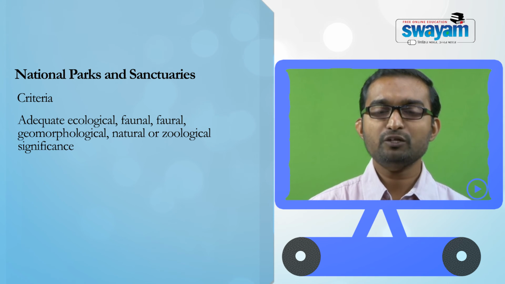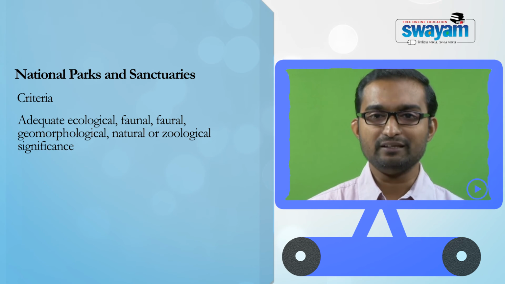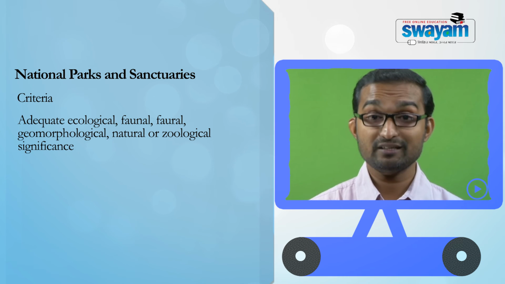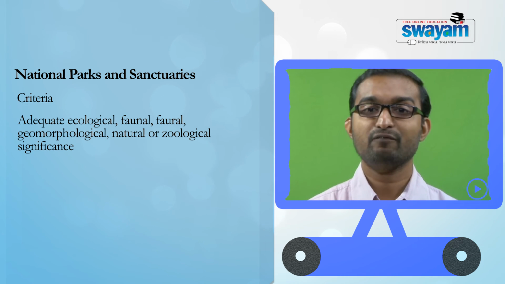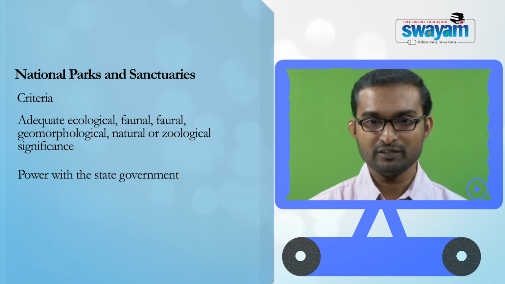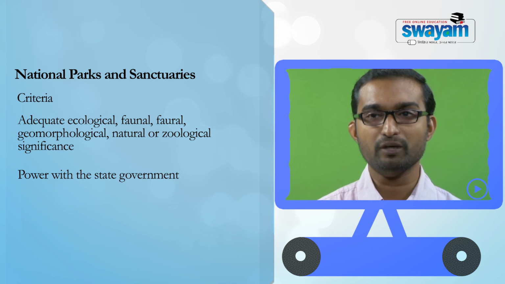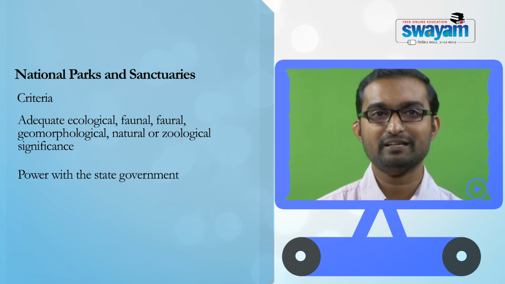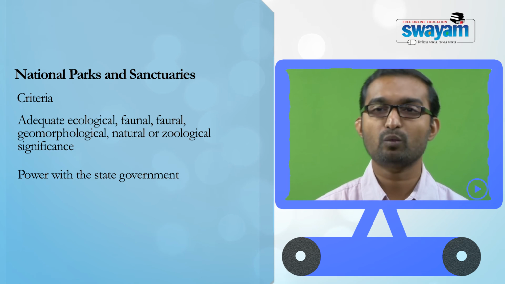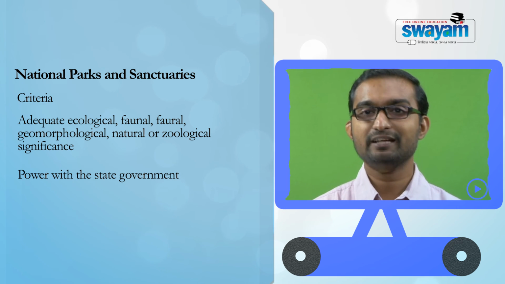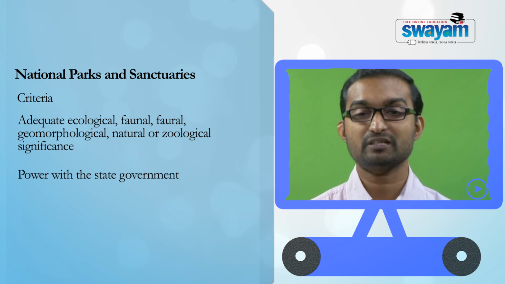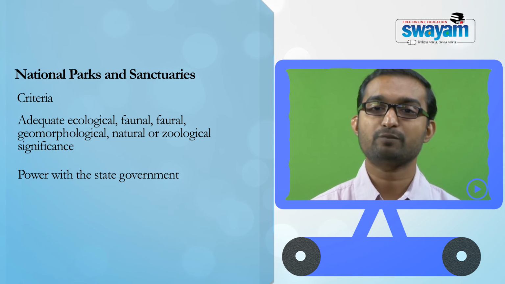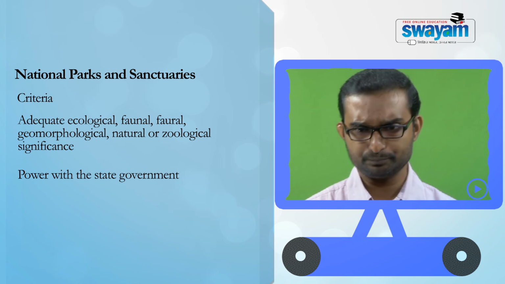The power to determine and declare national parks and sanctuaries vests with the state government. That means the state government can determine if a particular natural habitat is crucial for wildlife protection and conservation, and then declare it as a national park or a sanctuary under the Wildlife Protection Act 1972.